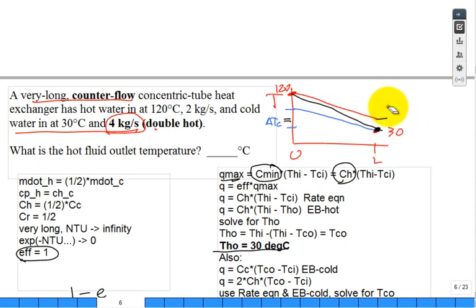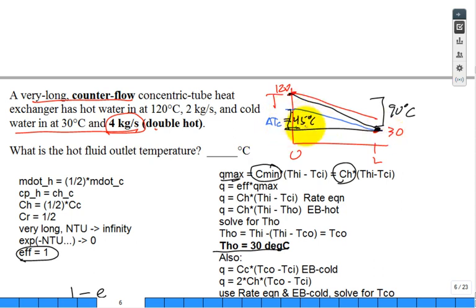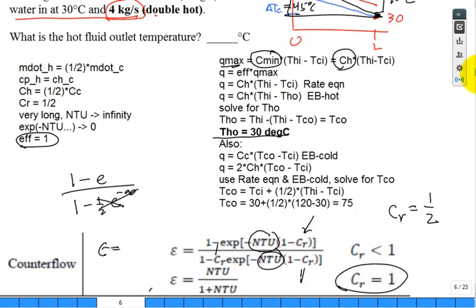And then the temperature cold out doesn't go all the way to 120. That would be the same slope. This change here was what? 120 minus 30, a 90 degree C change in temperature. This one's going to be a 45 degree C change in temperature. So 30 plus the 45, it comes out at 75.